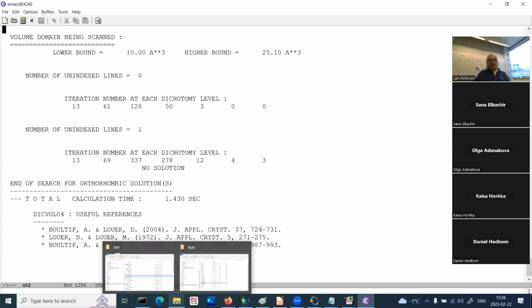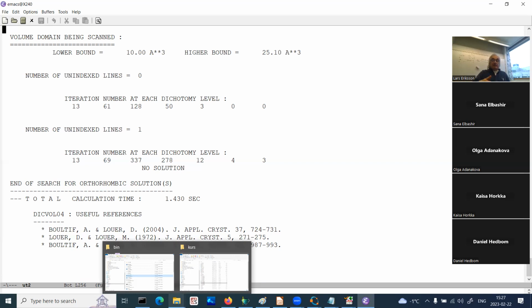GSAS is a structure system that has an indexing procedure that I don't really understand how it works. Quite slow, but I think it's related to Dicvol. But it's nothing wrong. Someone wants to write an indexing program that is not bad.